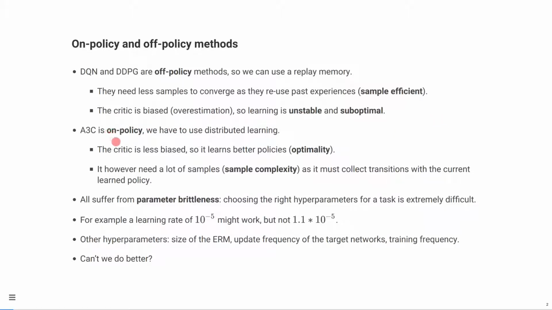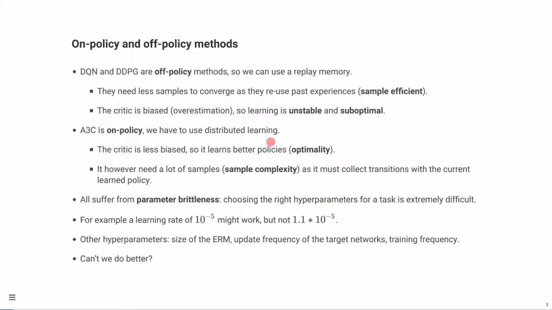On-policy methods, such as A3C or any actor-critic architecture, with the exception of DDPG, cannot use a replay memory because we need to learn from fresh examples every time. So you have to act and learn at the same time, and you cannot rely on the past like with replay memory.